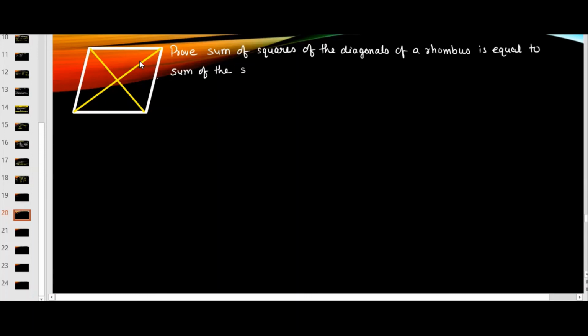The question is, prove the sum of squares, that is addition, sum of squares of the diagonals of a rhombus is equal to the sum of the squares of the sides.